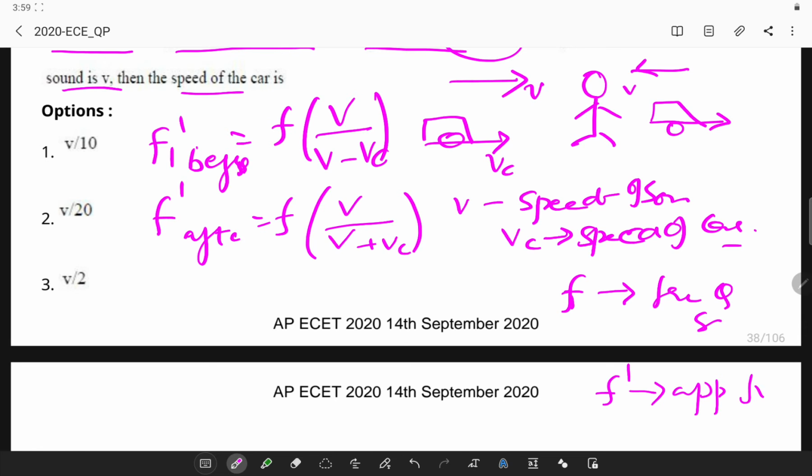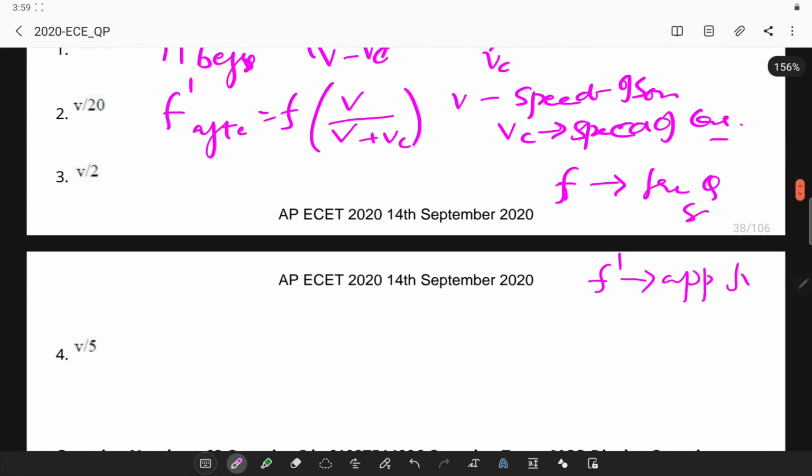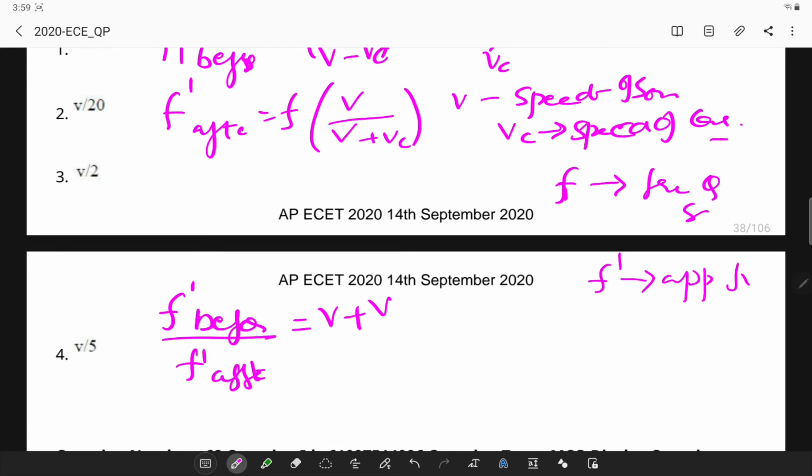So if you just keep a ratio of this, the frequency after over before will be V plus Vc by V minus Vc. We are also given in the question that the ratio is 11:9.